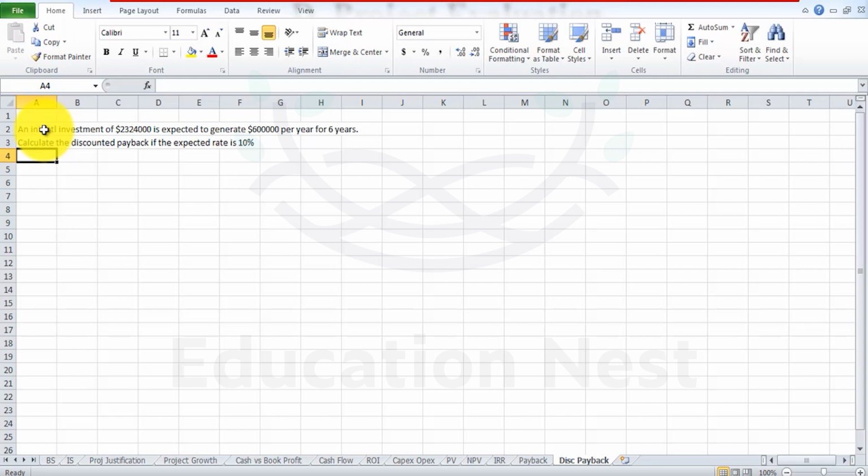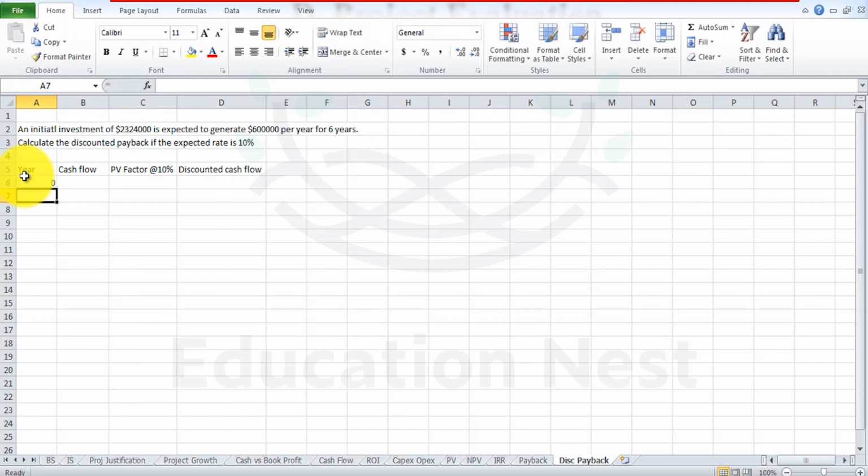First we're going to prepare a table which is going to compute the discounted cash flow of each period by multiplying the actual cash flow by the present value factor. So here we have the cash flow scenario, the present value factor at 10%, and the discounted cash flow.